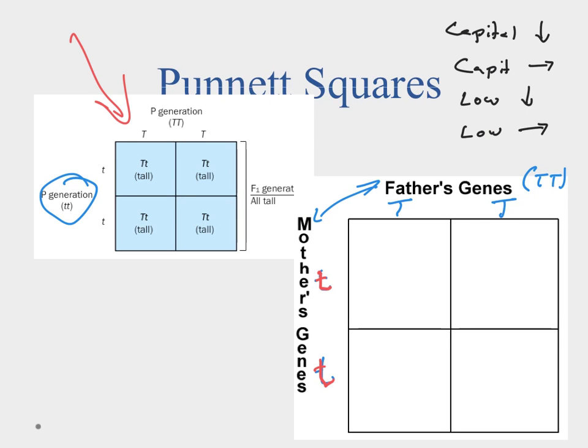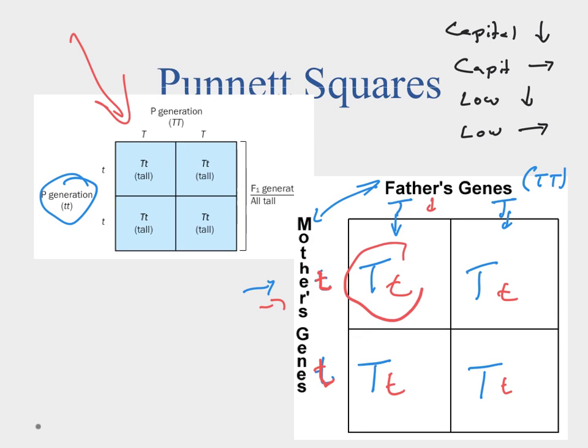We have our capital letters coming down, so we're going to have a T here and a T here. You can see how this T is going to fill down this way, fill these boxes. We get this way, and there's no capital T's going this way. So we look for a lowercase t coming down. There's none, but we do have this lowercase t going across, and this is how we end up with our genotype of a capital T lowercase t.